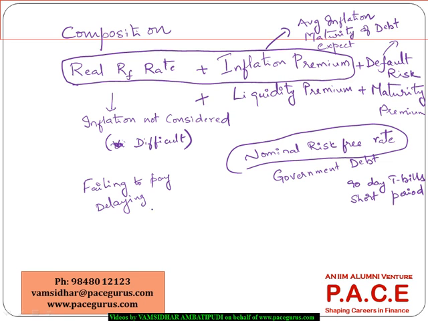Whether it is in terms of time or in terms of amount, any kind of failure to pay is associated with a probability of default. Because of that an additional risk is getting created, and an additional premium is getting added to compensate the investor for that possibility of default risk.